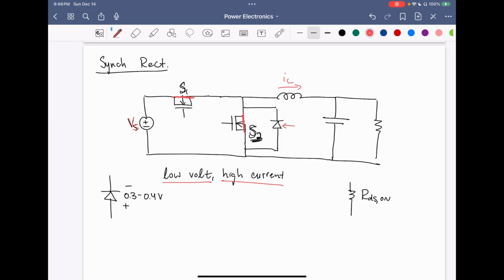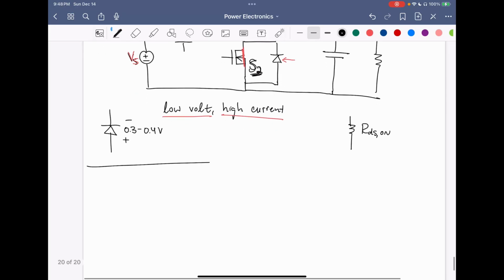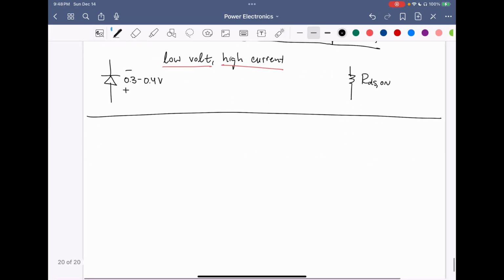So as I said before, most buck converters are operated in continuous current, as it's desirable. But it's also possible to operate the buck converter in the discontinuous current mode. So I'm going to go ahead and analyze the buck converter for the discontinuous induction mode.